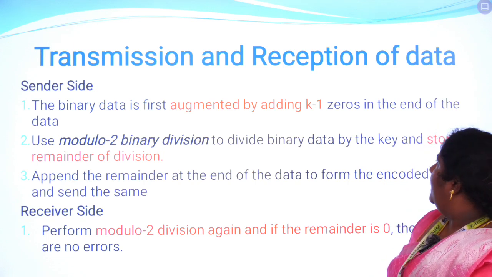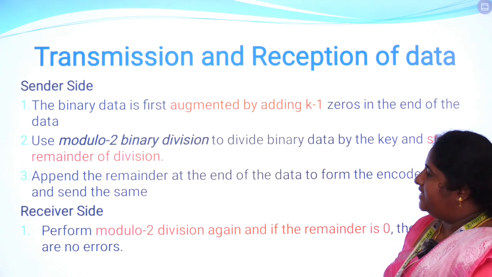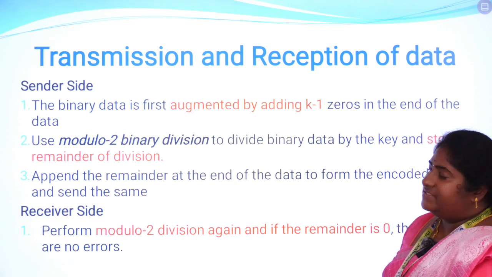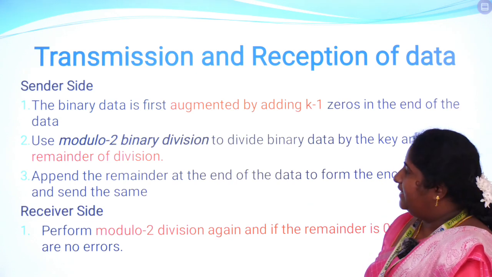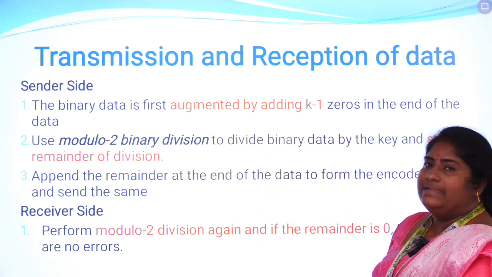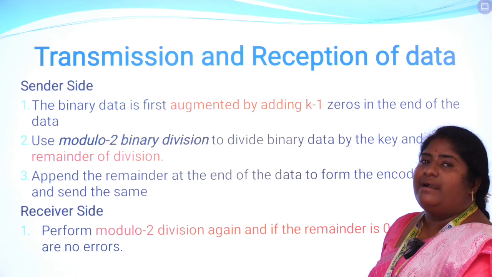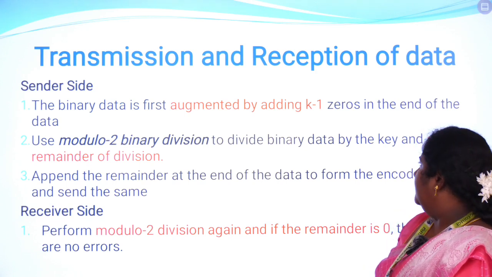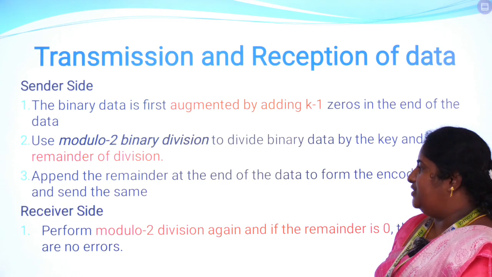The transmission and reception of data. What will be done at the sender side and at the receiver side, what are all the steps to be taken care of? First, at the sender side, the binary data is augmented by adding k minus 1 zeros, where k is the key length. Then we use the modulo 2 division method.